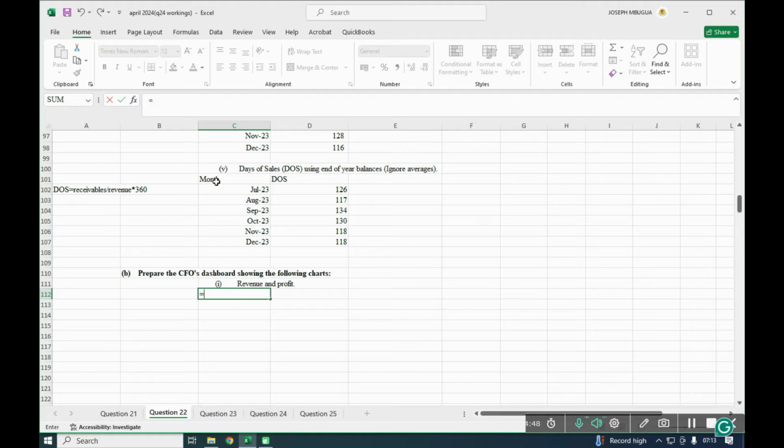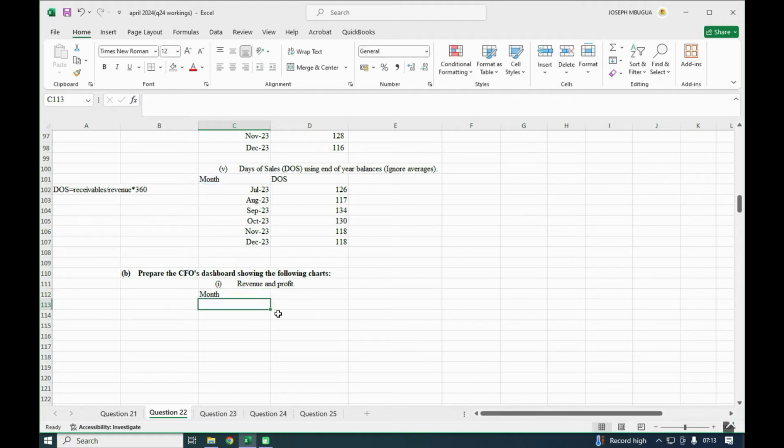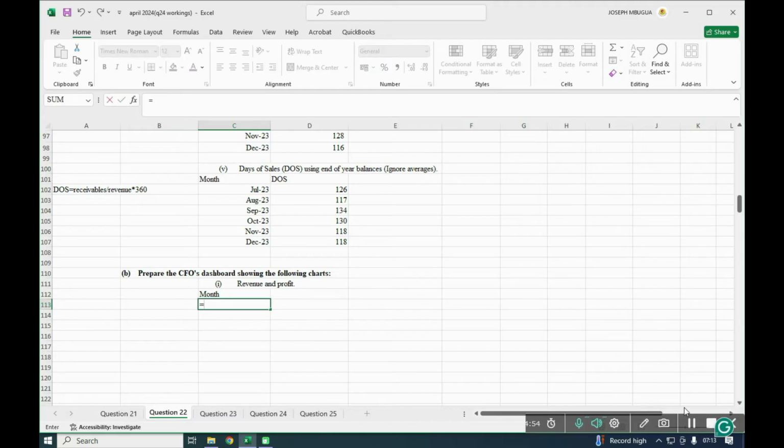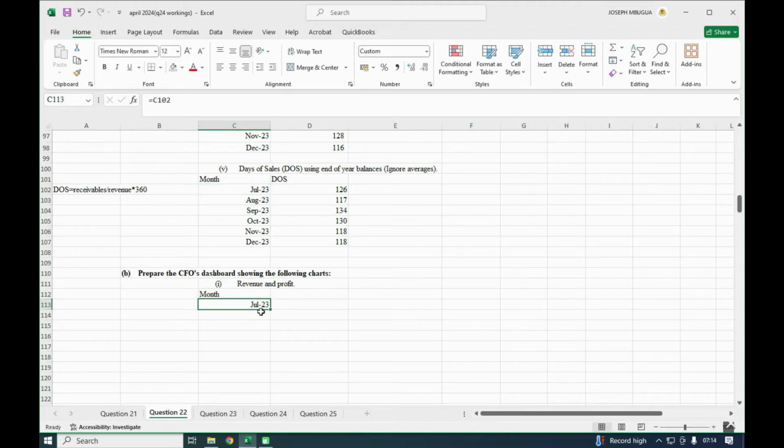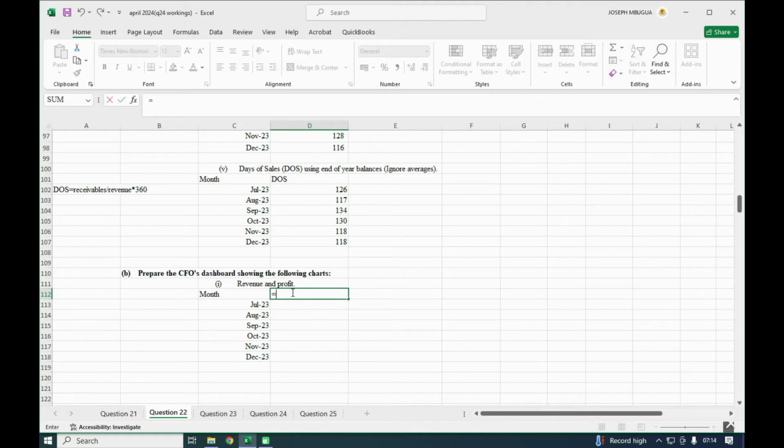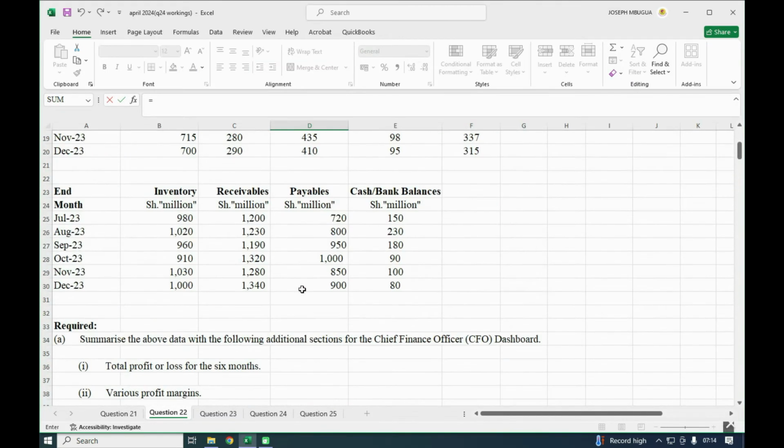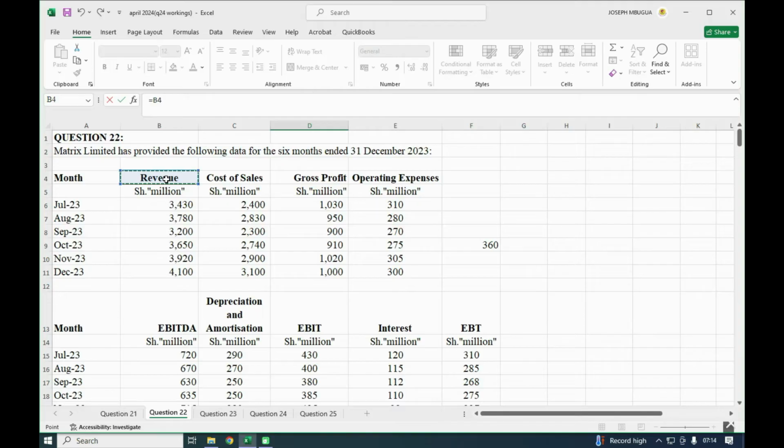So we shall have the month, and our month starts from July still, July to December. So you shall have revenue on one side. I think revenue we already had it, I'll just pick the wording, the revenue.